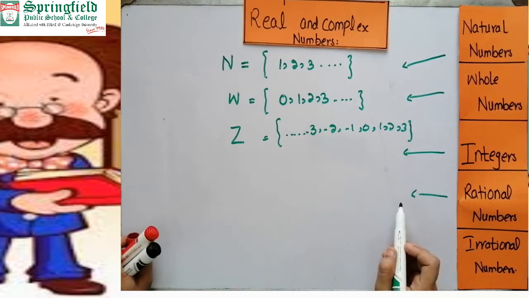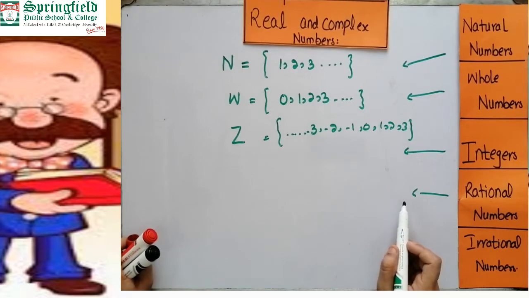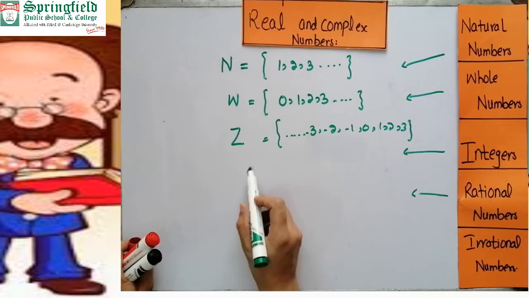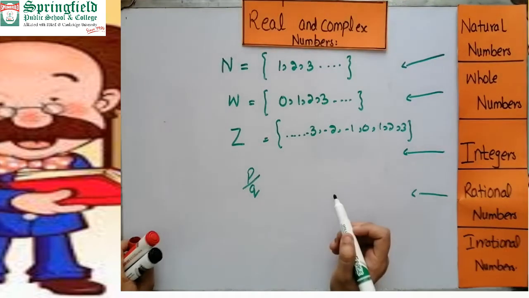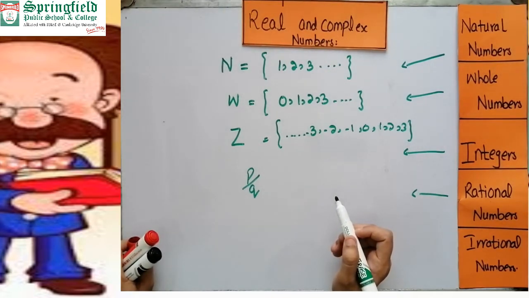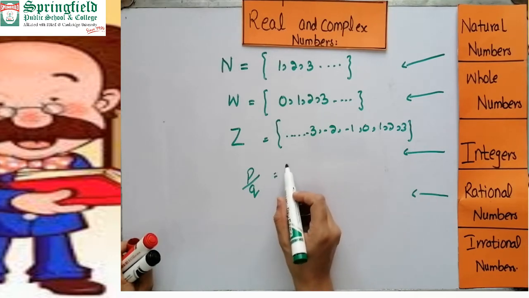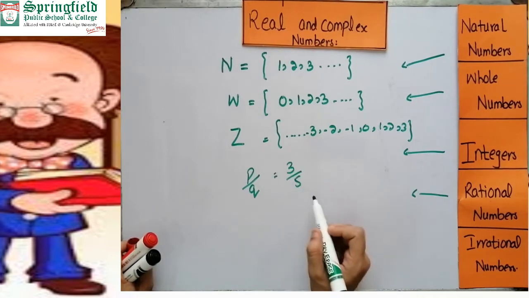Okay, rational numbers. Beta, rational numbers, you can say, are numbers in p by q form. A number in p by q form is called a rational number. Let a number be 3 by 5.